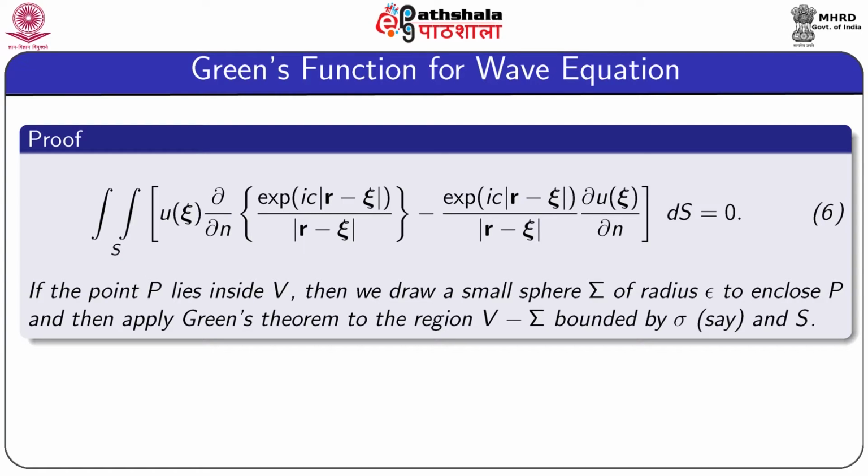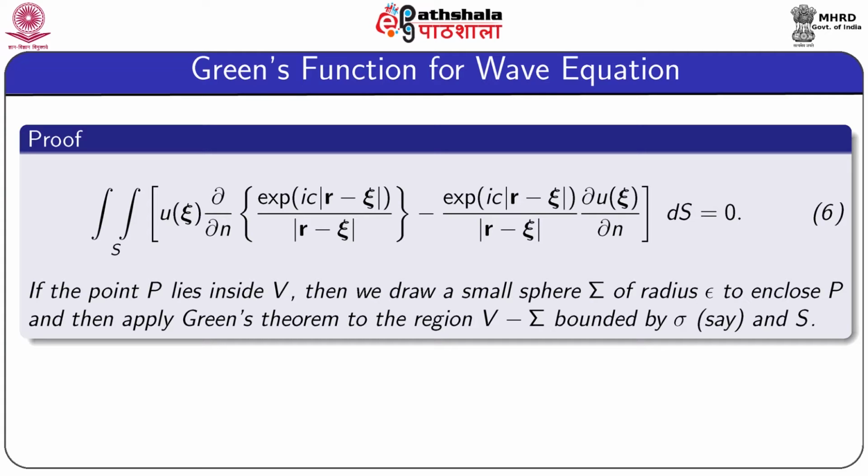Now, if P is a point outside V, then the value of mod r minus zeta is not equal to 0. So, this is defined and the value of this surface integral is 0.